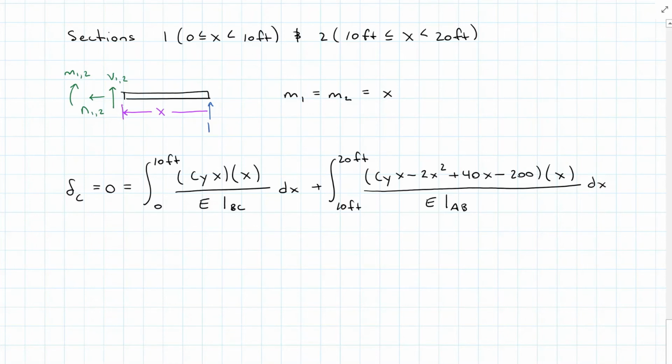And the way that I have my sections drawn from 10 to 20 feet from C, that is where the inertia AB takes over. Now remember, this is only from 10 to 20 feet, so I only have inertia AB acting on this second section.